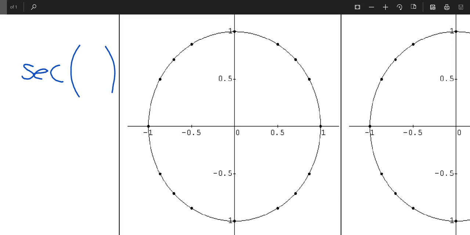What if I just asked you for the secant of negative 5 pi over 6? What if I just asked you for the secant? Now this is not an equation to solve.